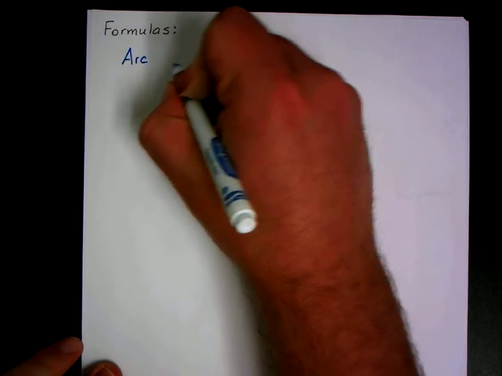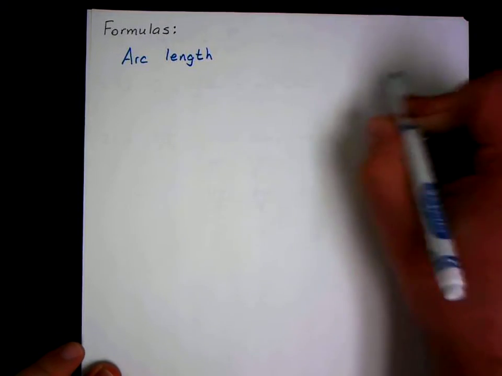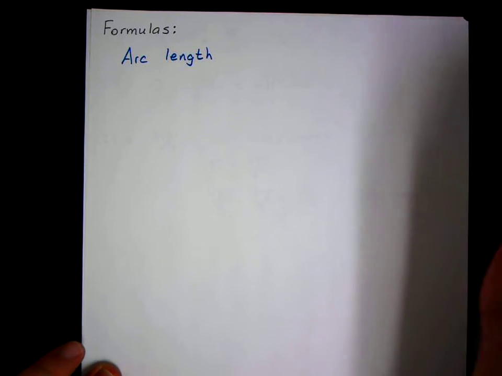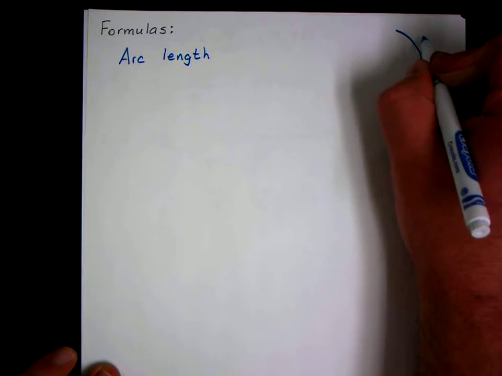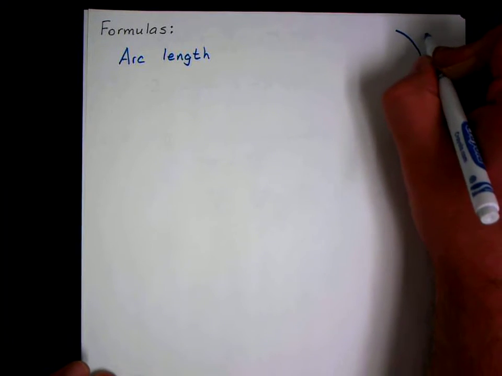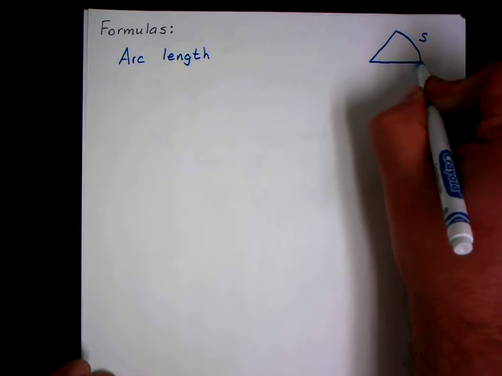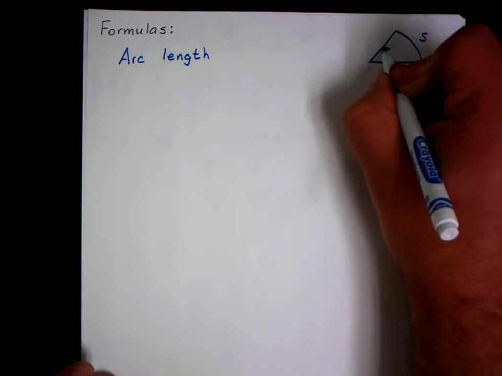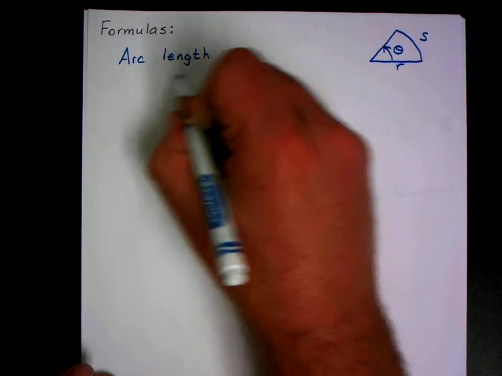All right, first one is arc length. It doesn't even have to be on a circle, but if you have a curve, this is the actual length of the curve. So length of the curve is S. Use theta to represent the angle, and R is the radius.